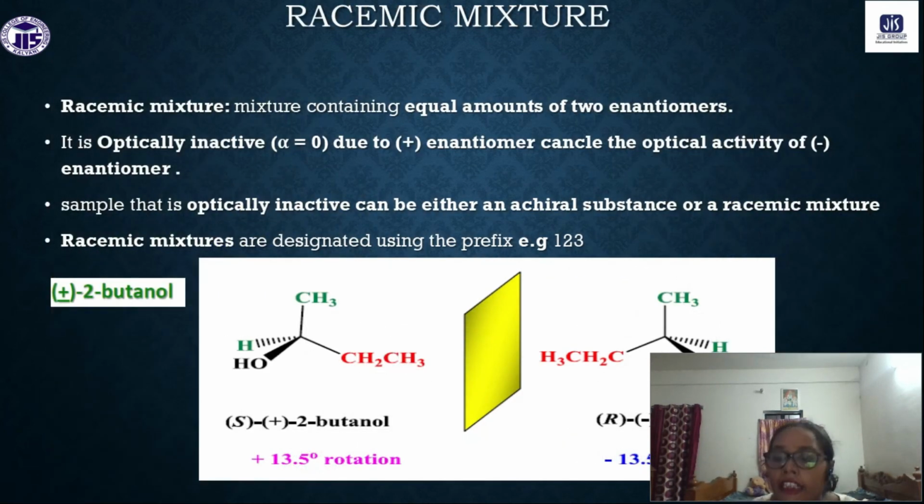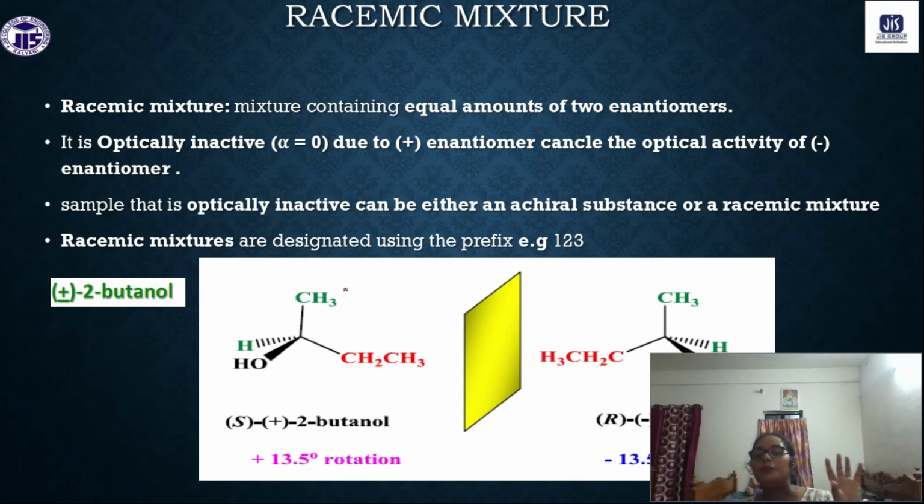Okay, next we will discuss the racemic mixture. Racemic mixture means if we have a reaction, whatever product is forming is 50% of one enantiomer and 50% of the other enantiomer.